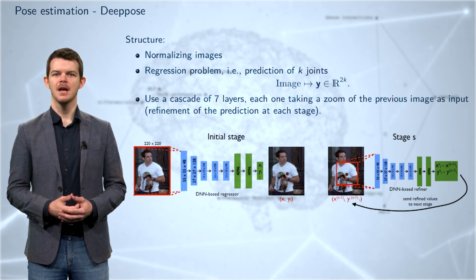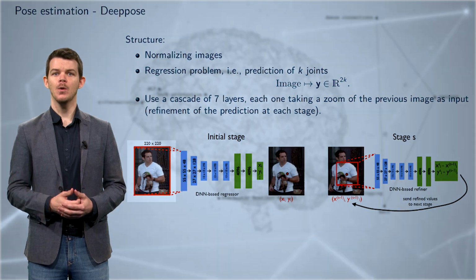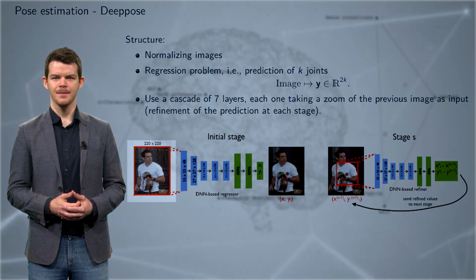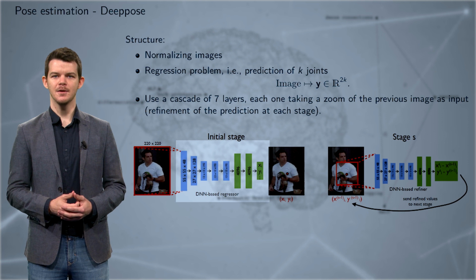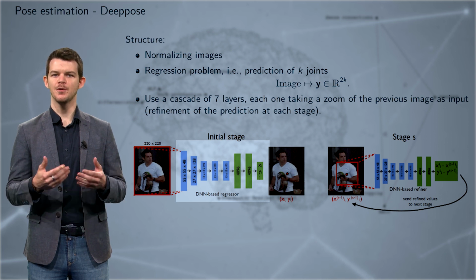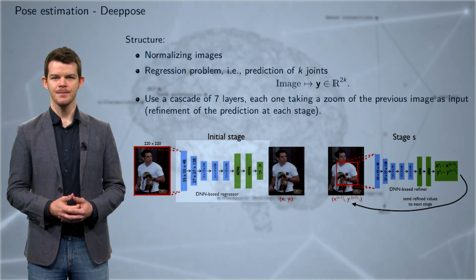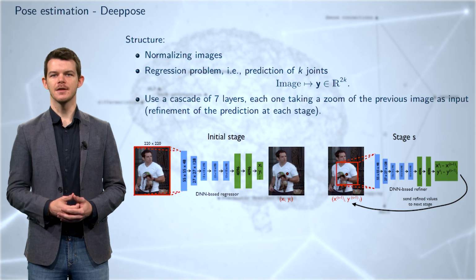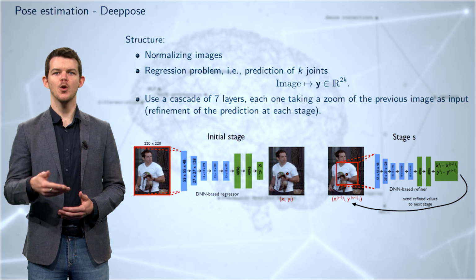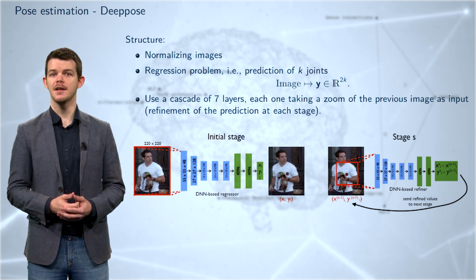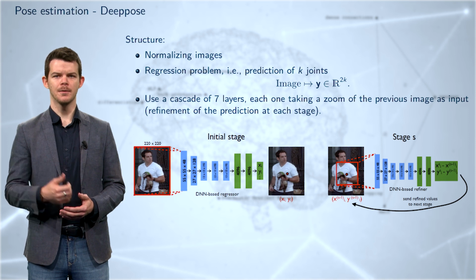More precisely, Deep Pose starts with the whole normalized input image on the left. A CNN composed of 7 layers is applied on this image to produce a vector of size 2k. Then, cropped images centered on the joints are considered. These new smaller images are taken as input of a CNN with the same architecture, 7 layers, as the one before.